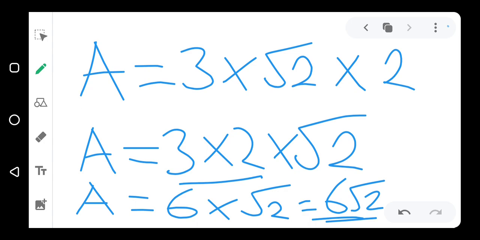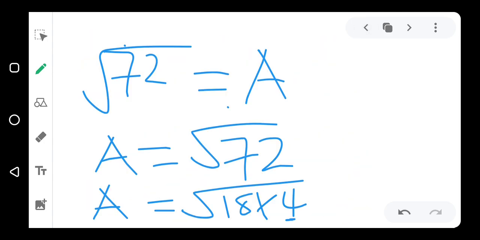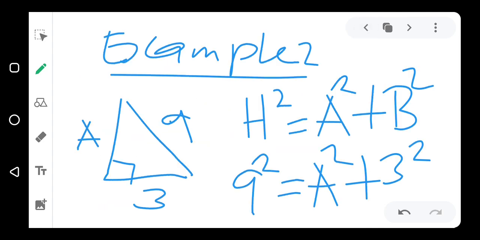So this is the answer, 6 root 2. That is the value of a. So in this triangle, a is 6 root 2.